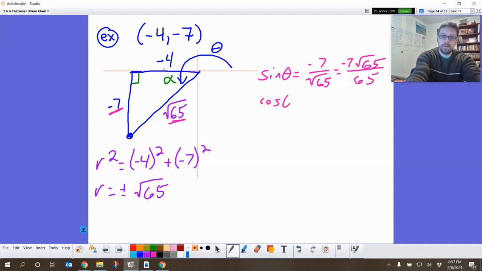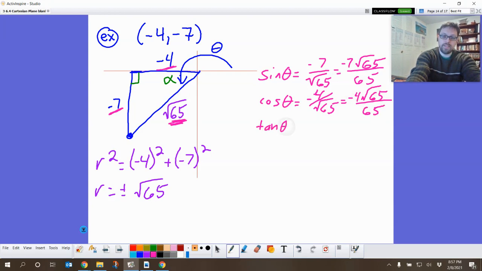Cosine of theta is going to be our adjacent side over our hypotenuse. So that's negative 4 over the square root of 65, which equals negative 4 square root of 65 over 65.